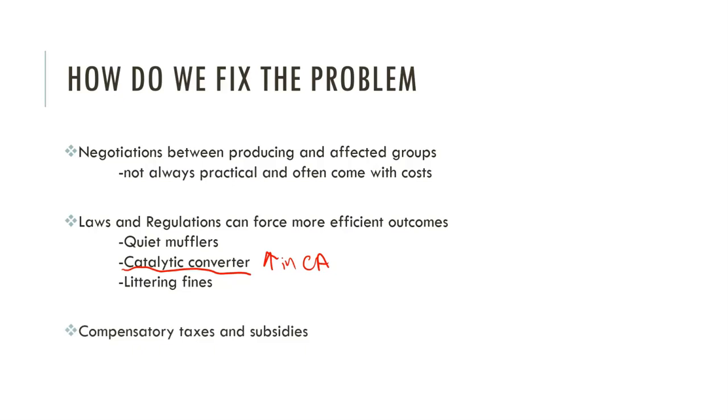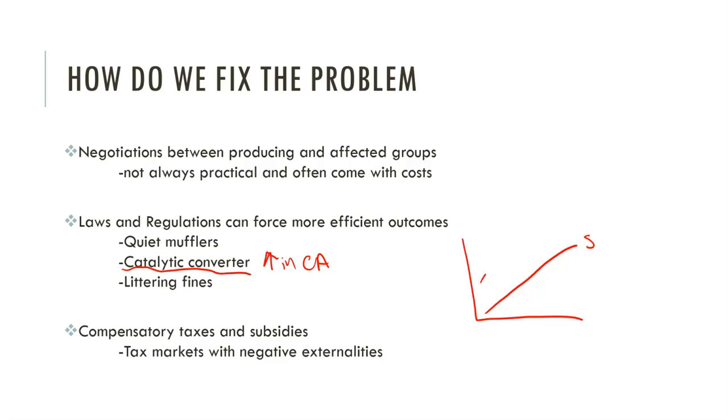Sometimes there's going to be taxes and subsidies to fix the problem. So the government might tax markets with negative externalities. We're going to add a carbon tax or pollution tax. We're going to add something to try to make the market more efficient. And when they do this, so laws and regulations or taxes, it shifts that private market supply curve.